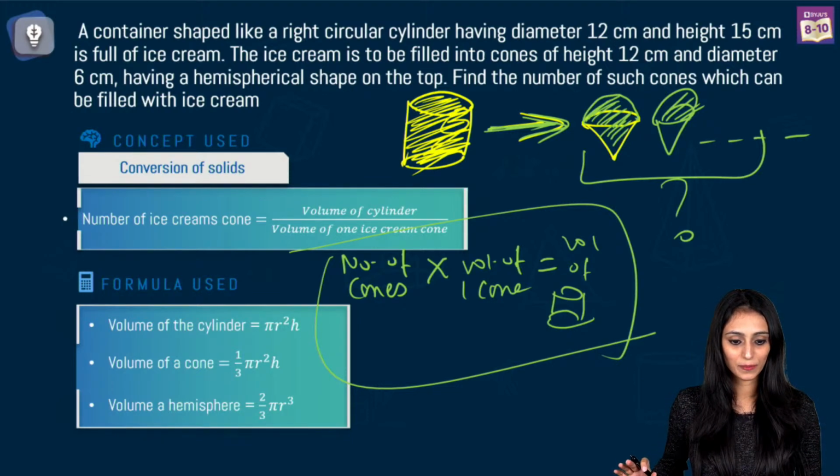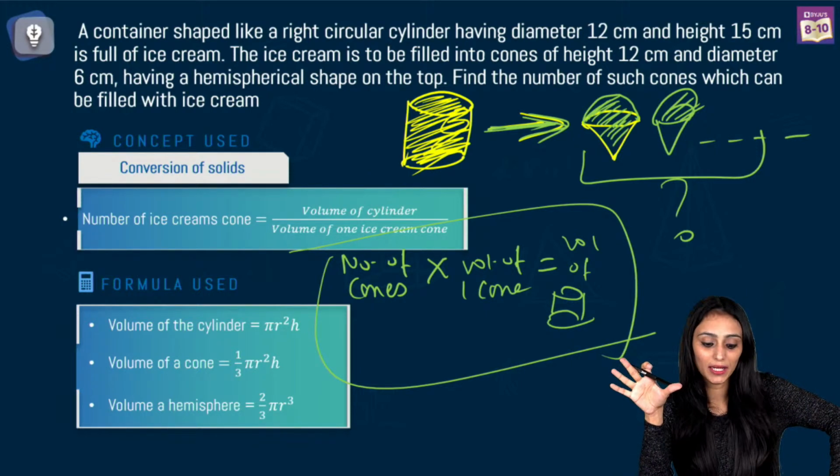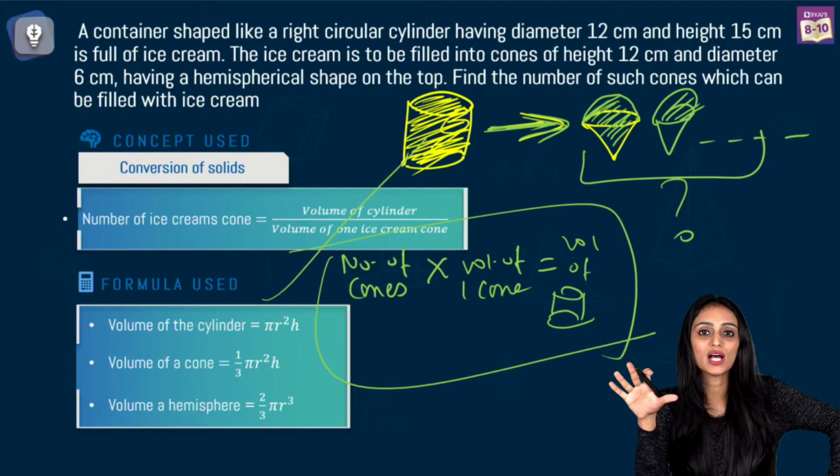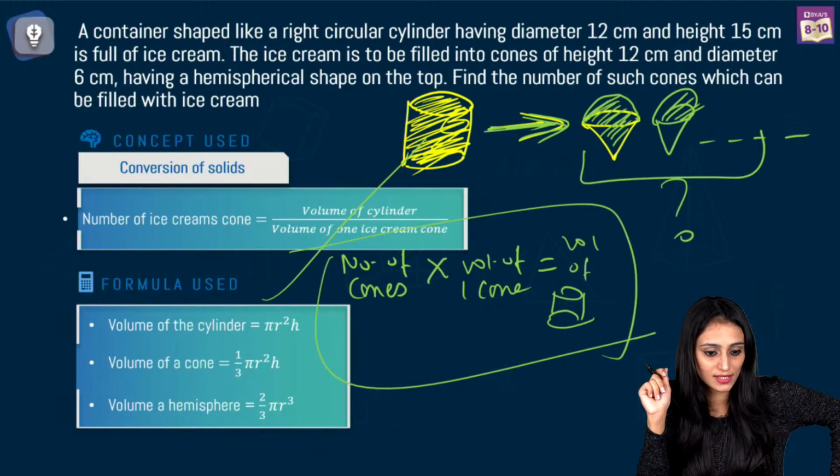Yes, Akshat, understood. This is clear to everyone, right? If this is clear, I would say half of the question is done. Now we just have to use the formula and put the values here. Yes, Rahul got the answer. Jayashree is giving thumbs up. Yes, Tanu, 10 cones.